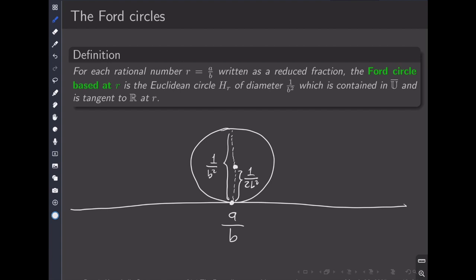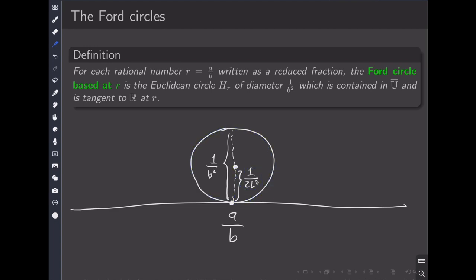And if you remember, this radius already appeared when we were talking about lambda lengths. Actually, the horocycle tangent at a certain place with the corresponding Euclidean radius being equal to this was precisely one of those horocycles that we mentioned.